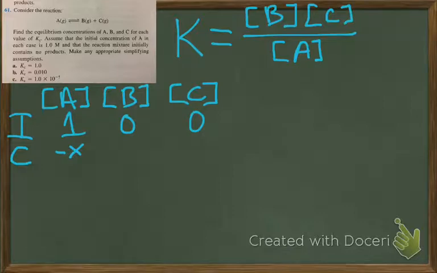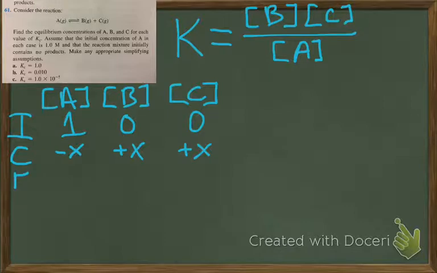If I lose x concentration in A, how much is my change going to be in B? Plus x. Because, look right here, there's a 1-to-1 ratio. For every 1 A I lose, I will gain 1 B. Now, what's my change in C going to be? Plus x. Because it's also a 1-to-1 ratio.